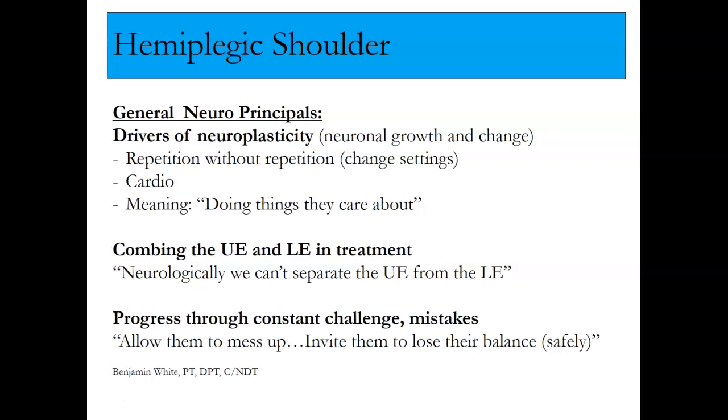But if you want to vary it up, don't make it too boring. Kind of goes down to this one, doing things the person cares about, which is kind of basic OT stuff. The more meaningful you can make it, the more varied you can make it, the more challenging you can make it, that just right kind of challenge, the better for clients for driving neuroplasticity.